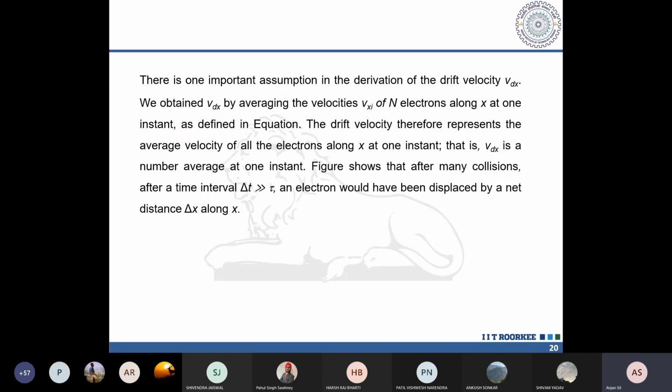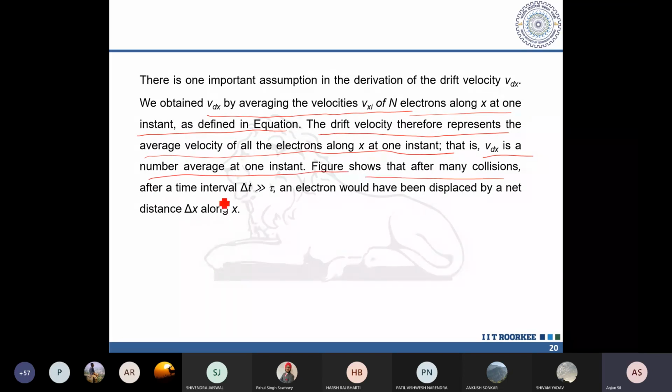This is one important assumption in the derivation of the drift velocity Vdx. We obtain Vdx by averaging velocities. The drift velocity therefore represents the average velocity of all electrons at one instant. We have already explained this.